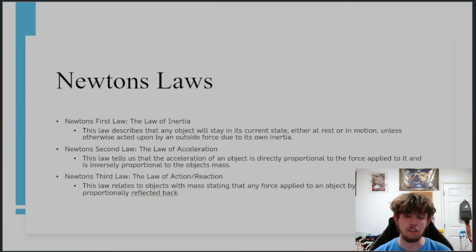So the force needed to move a 20-pound weight is 20 pounds or greater. Basically meaning you need the object's weight or more to move the object, and vice versa, you need the object's weight or more over a distance or time to stop an object.